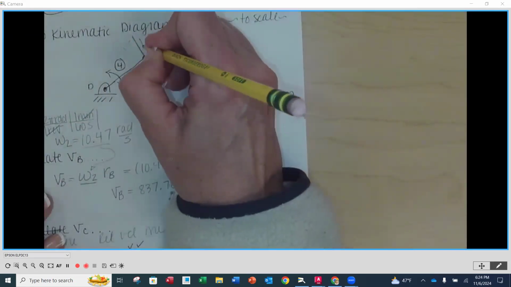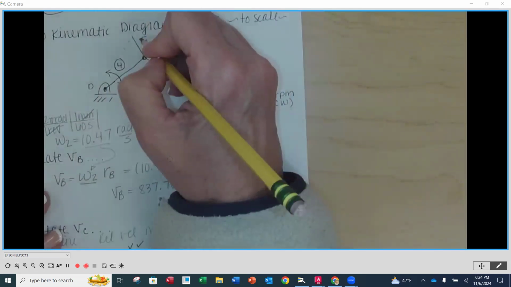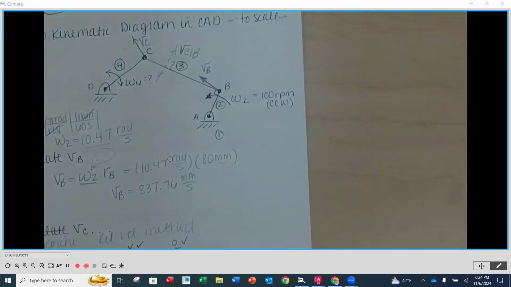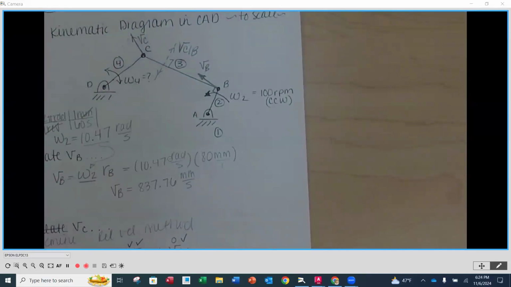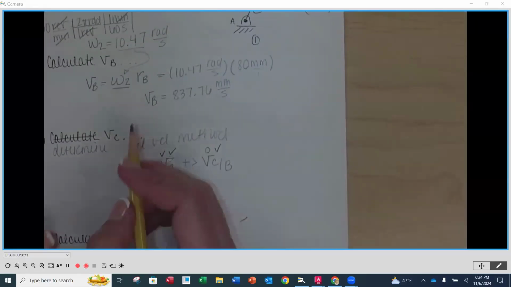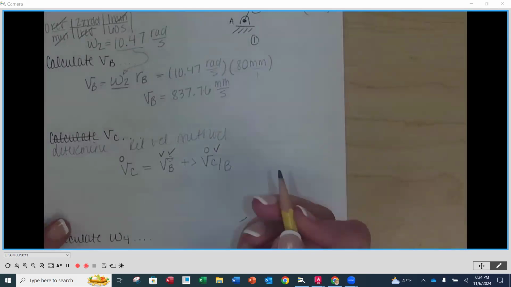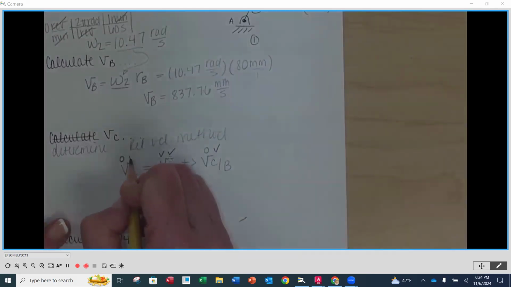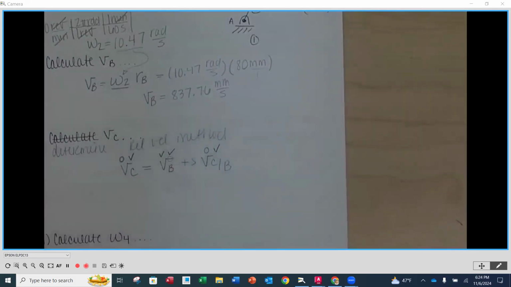And so this is going to be the line of action for the velocity at C. So we don't know VC's magnitude, but we do know its direction. So again, just verifying that even though we have 2 unknowns, the magnitude of VC and the magnitude of VC relative to B, they have to be separated on either side of the equal sign.